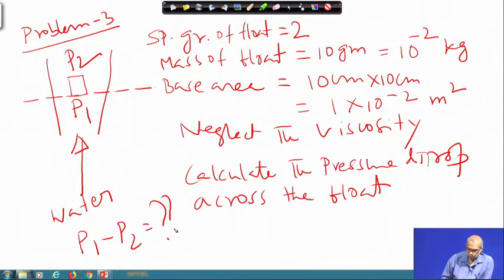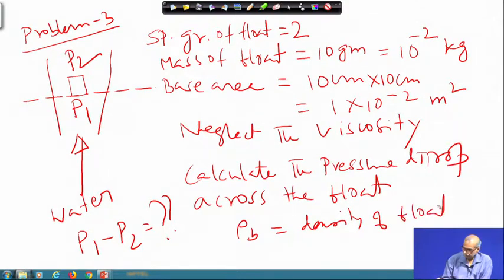So, let us consider rho b as density of float and rho f as density of fluid.